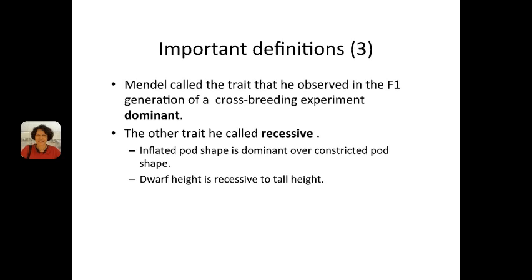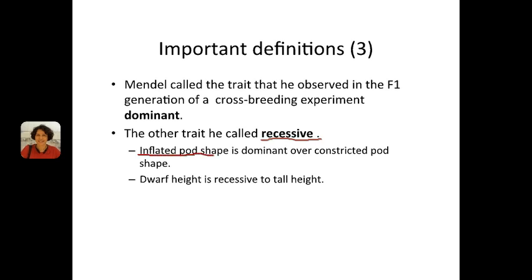When he saw that, he called the purple trait dominant. And the other, the white trait, the one that you did not see in the first filial generation, he called that one recessive.